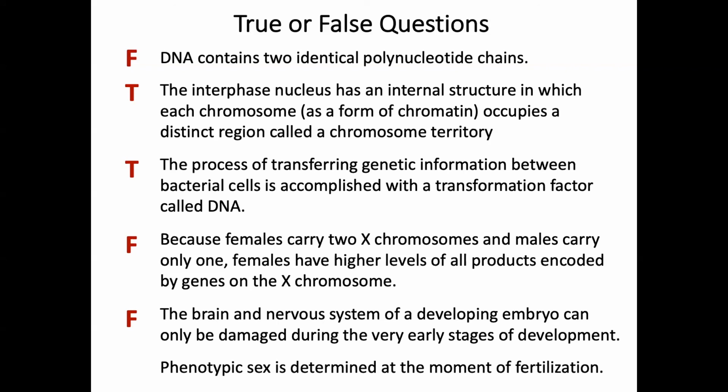Phenotypic sex is determined at the moment of fertilization. True or false? The answer is false, because we learned that genotypic sex is determined at the moment of fertilization, but not the phenotypic sex. Phenotypic sex is the last stage of sex determination.